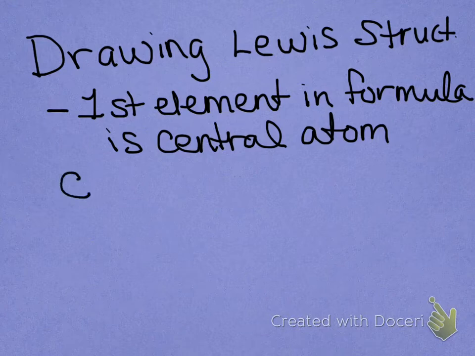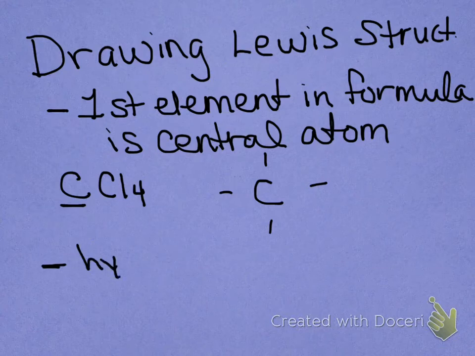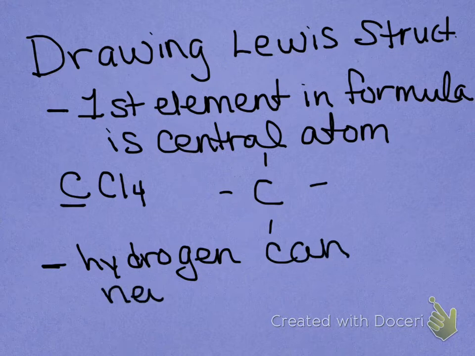So for example, if we were drawing CCl4, carbon is first, so we'd put carbon in the middle and then we'd put the other things around it. The only exception to this is that hydrogen can never go in the middle. Okay? And this is because it can only make 1 bond.